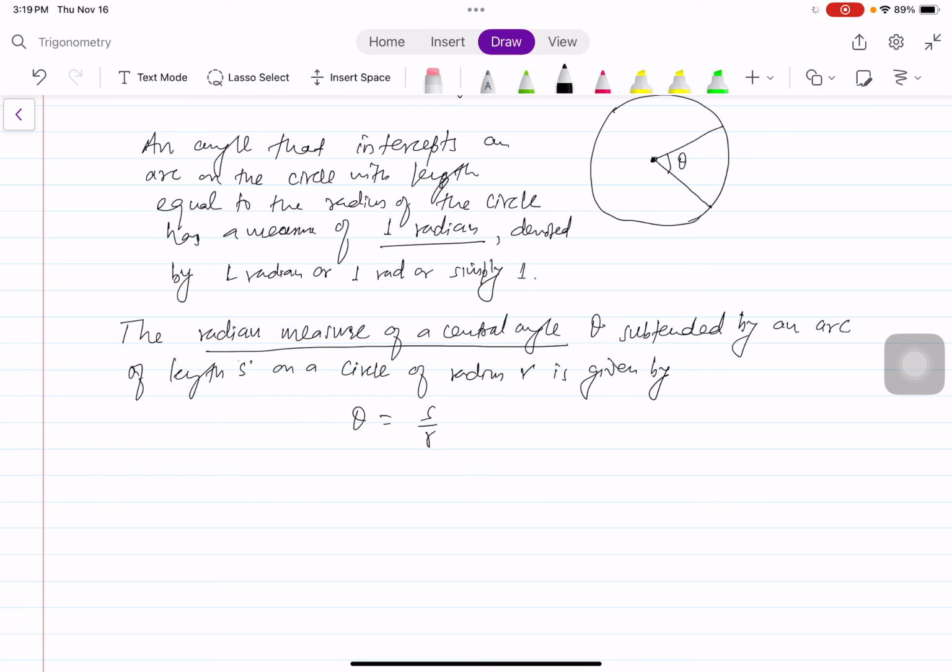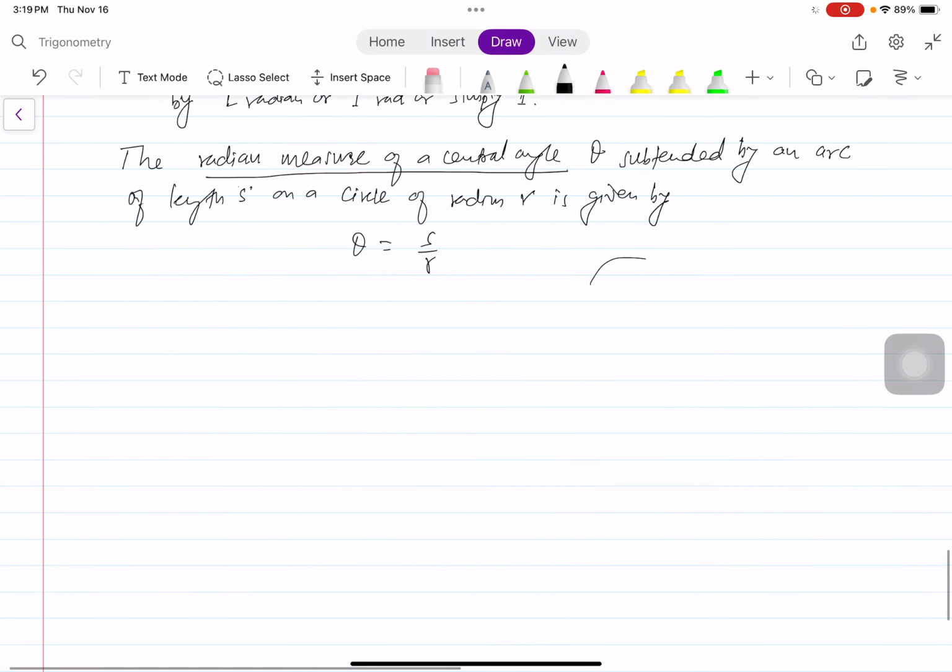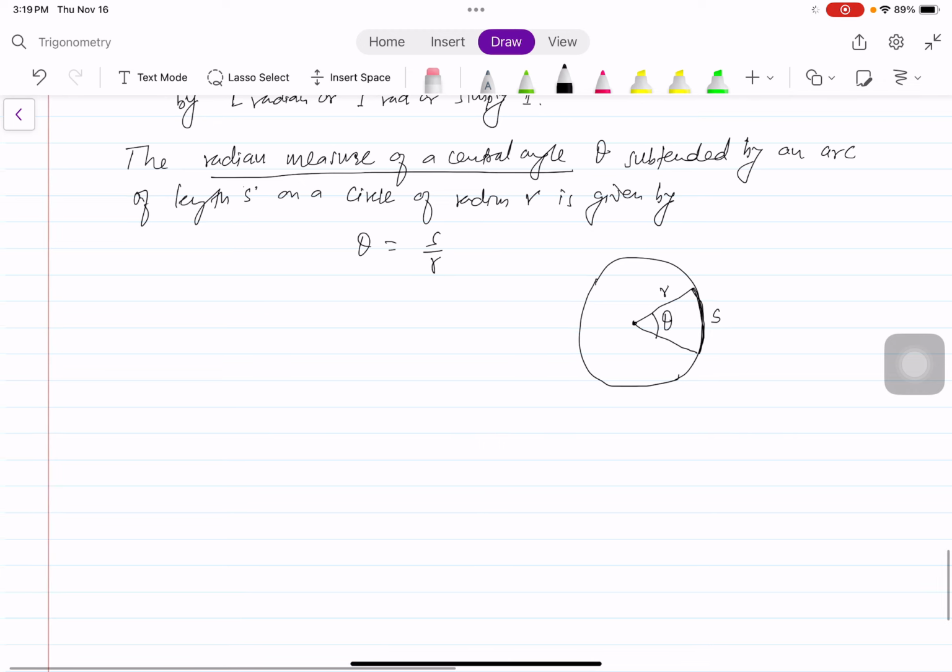So what does this mean? Figuratively explaining, if we have a circle with radius r and arc length s, the angle subtended by this arc length is given by this relation.